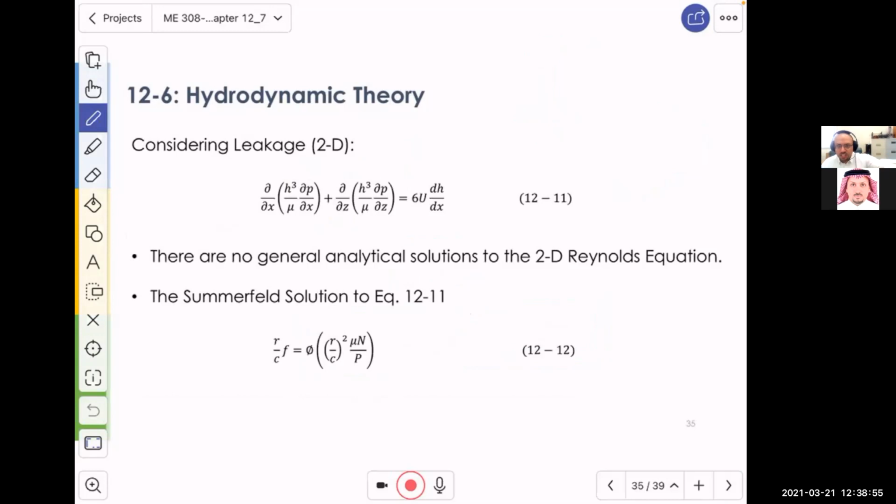In other words, there is no leaking. So if leaking is considered, then that equation will grow bigger. Look, it has this another form, which is the rate of change of this part with respect to the z direction. Now, of course, this is not going to make it any easier, right?